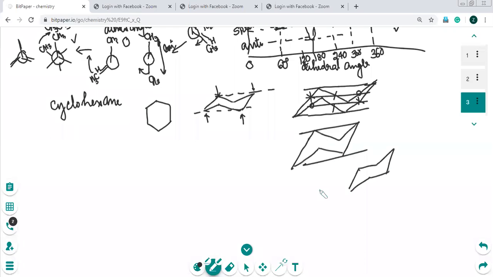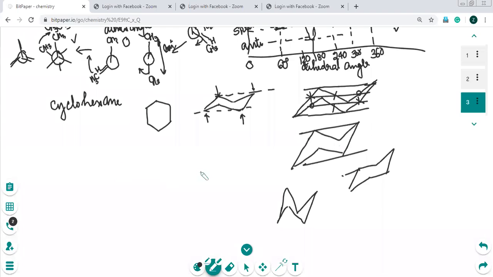Don't try to draw this way or even this way. All this will confuse you. So try to draw cyclohexane in a nearly perfect fashion. Otherwise, you will get confused whether this bond is equatorial or axial, whether it is up or down.